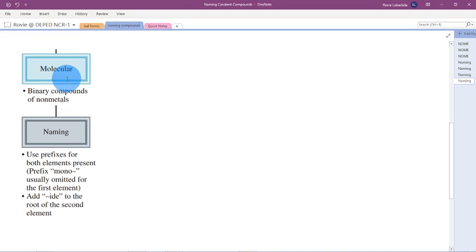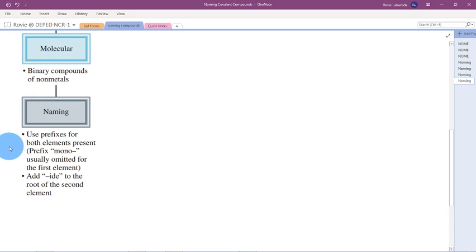For today's discussion, we will only discuss the nomenclature for binary compounds of nonmetals. Binary means that the compounds we're going to use have only two types of elements, or are composed of two different elements.